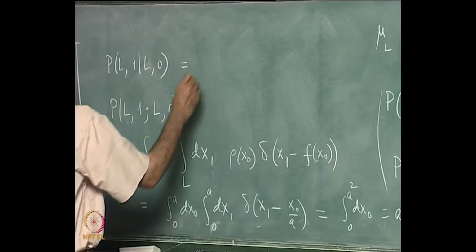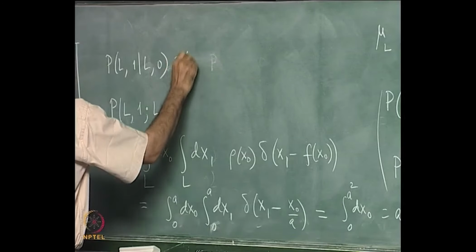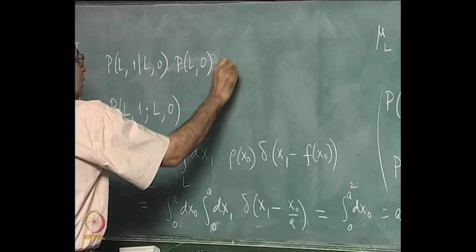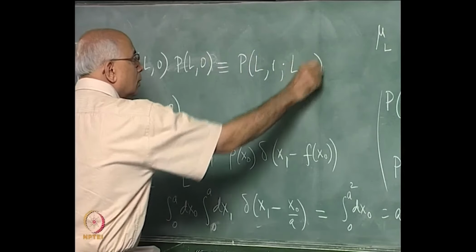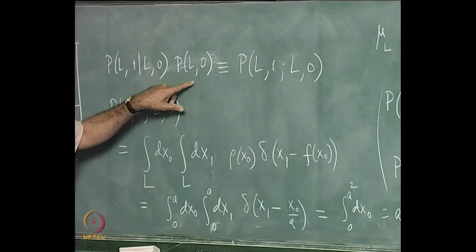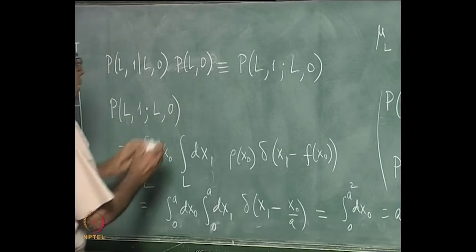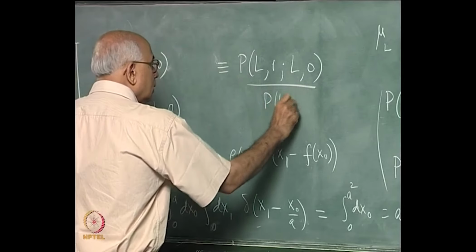Exactly, so this quantity multiplied by P of L0 is by definition equal to P of L1 L0. The joint probability is the conditional probability multiplied by the absolute probability here. Therefore, this quantity alone is this divided by P of L0.